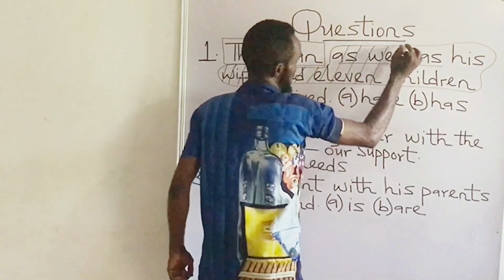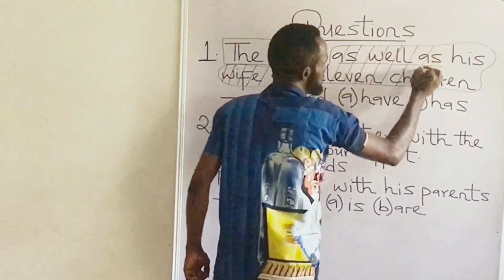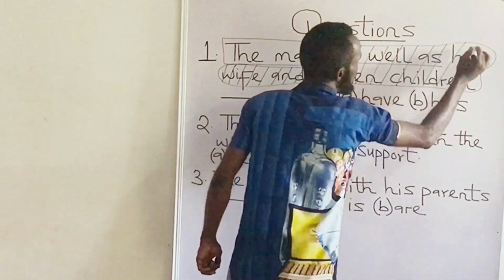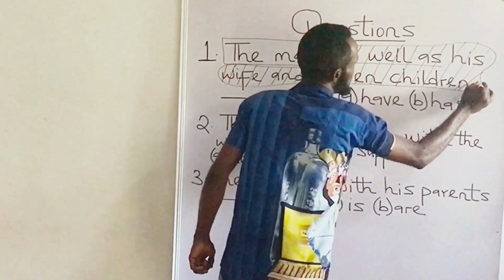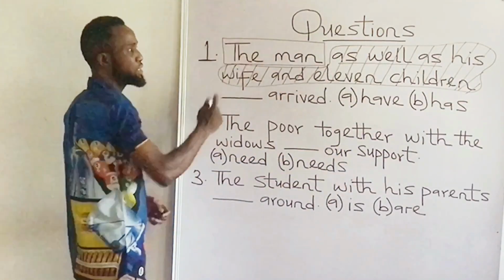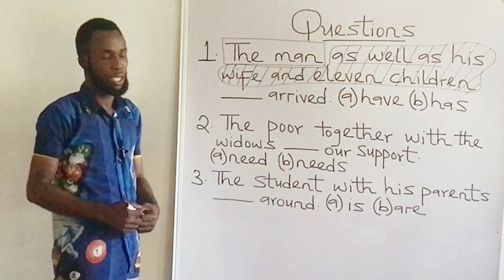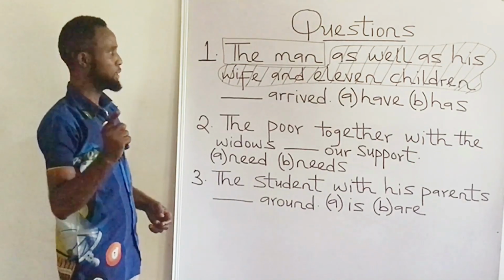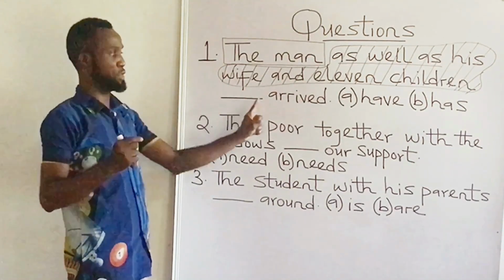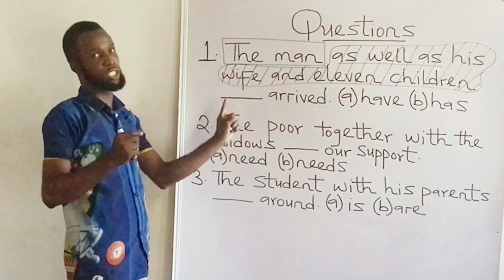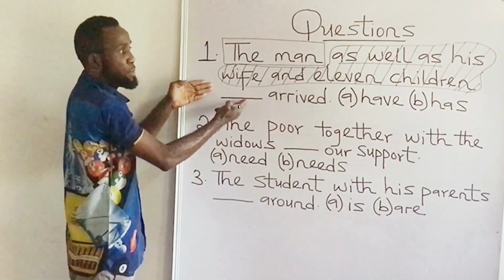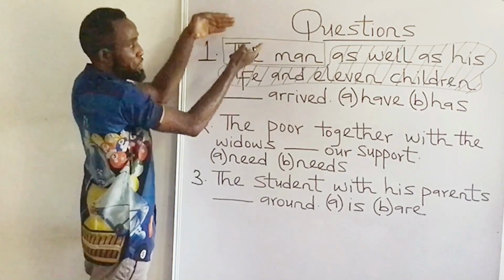That is why I am cancelling it. It is just accompanying the subject, and it does not take part in determining the verb to enter this gap in the question. The verb to enter this gap in the question only agrees with the subject.